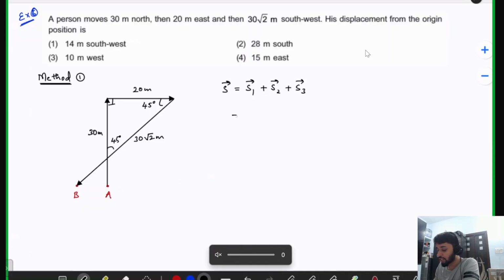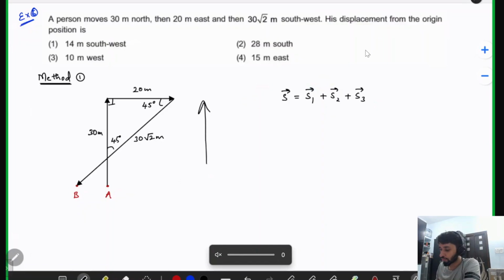So see, S1 bar is very simple. Again, you can take the x-axis and y-axis accordingly, so you can understand in general. If I draw it like this, so this is north, this is south, this is east, and this is west, right?